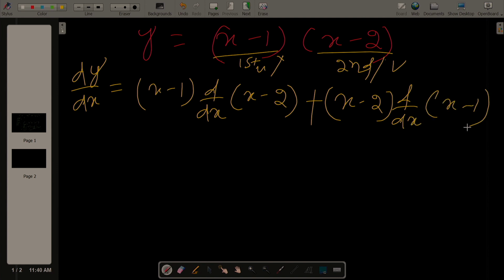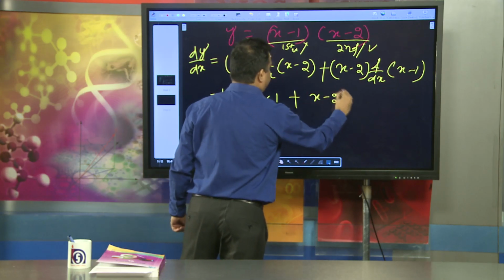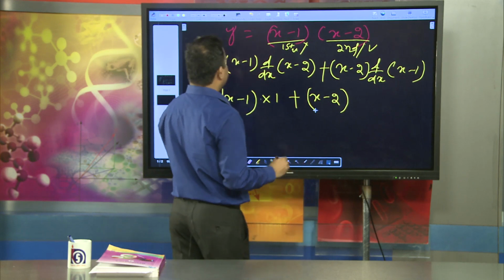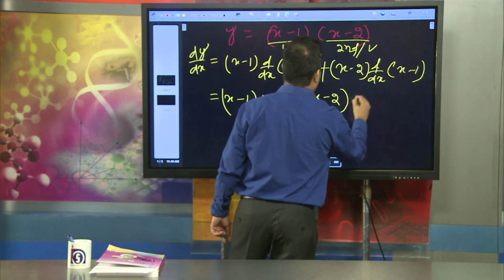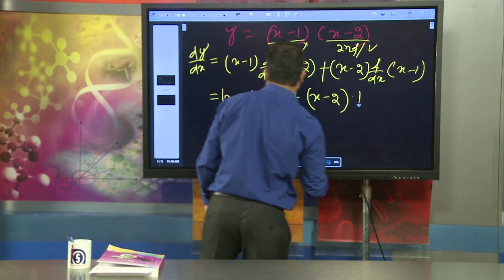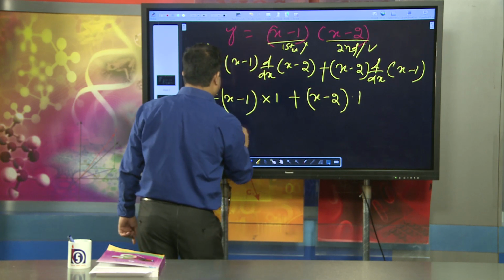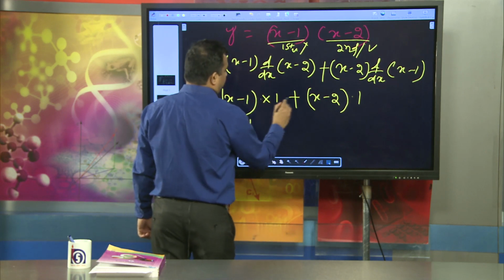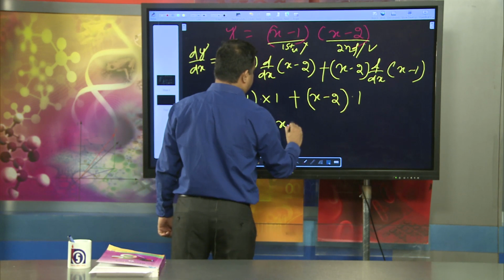That will be x minus 1 into derivative of x minus 2, which you know equals 1, multiplied by 1, plus x minus 2 into derivative of x minus 1, which is also 1. So I can write x minus 1 plus x minus 2.